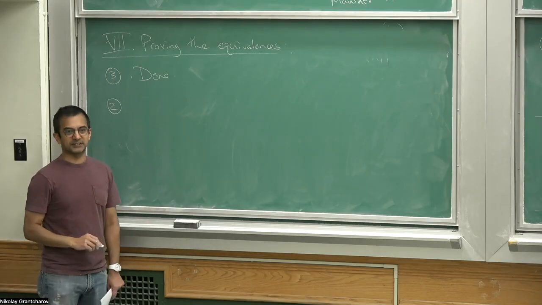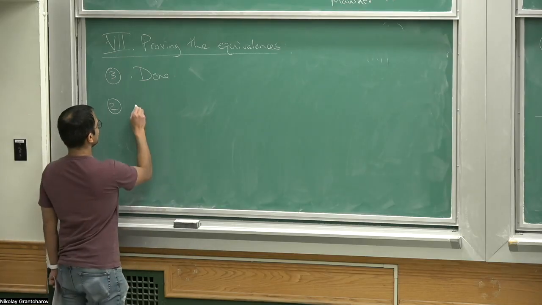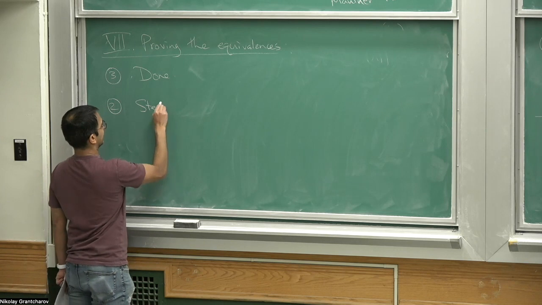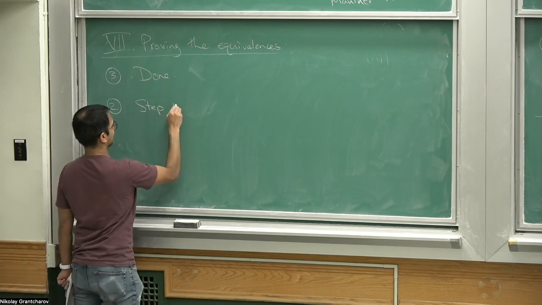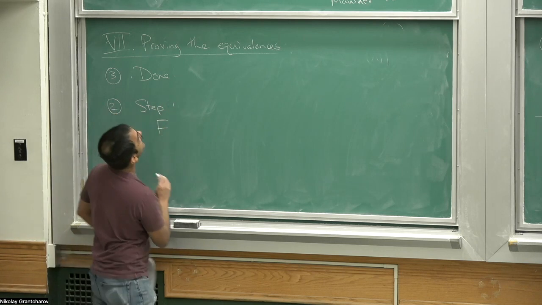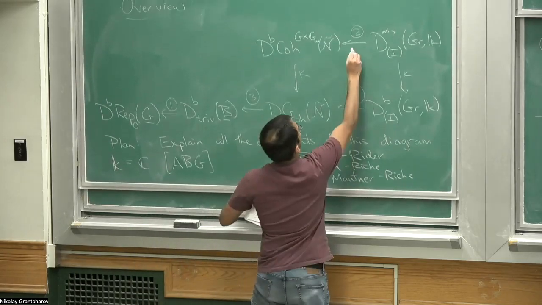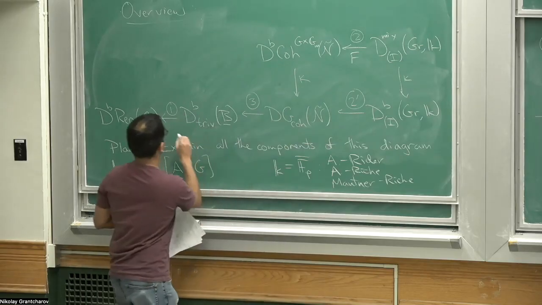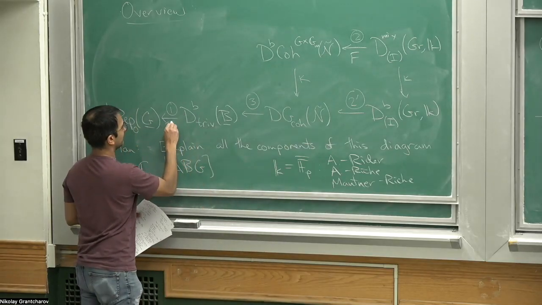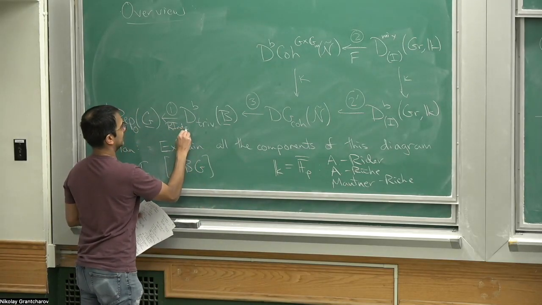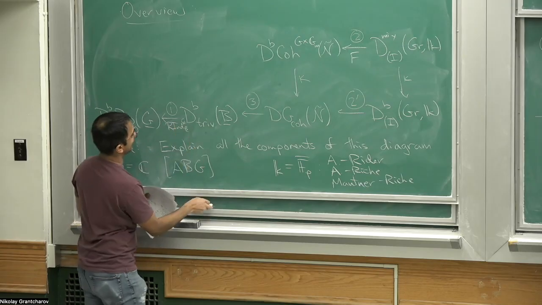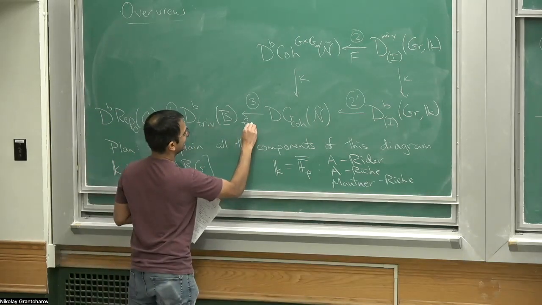The first thing we're going to show is that its image generates the target triangulated category. So step 1: this functor, let me label it F. This is the derived induction functor. And this doesn't have a name. This is just called formality.